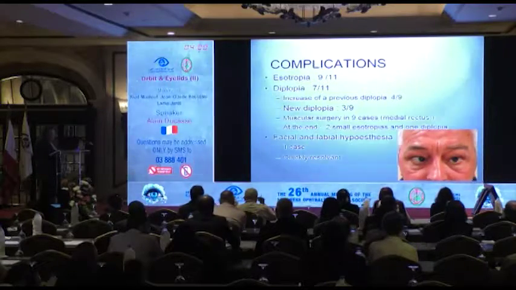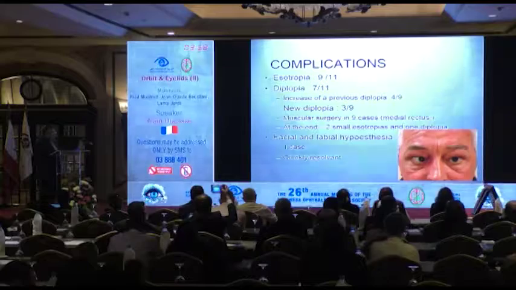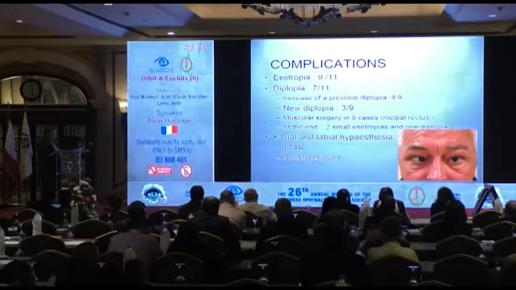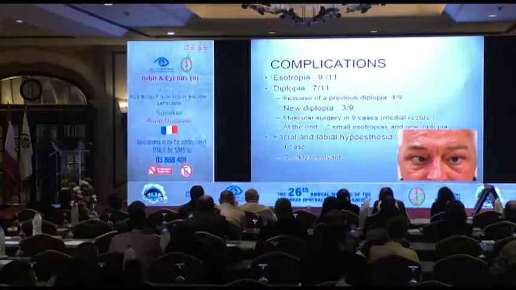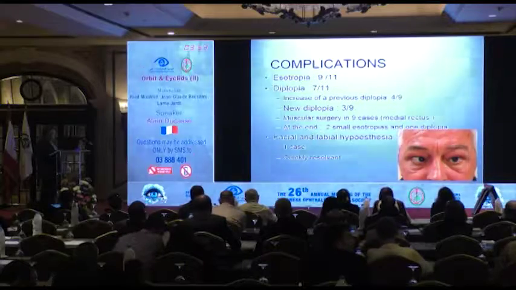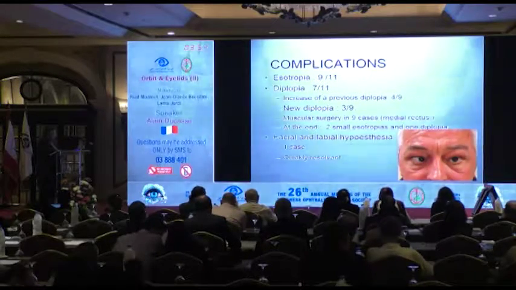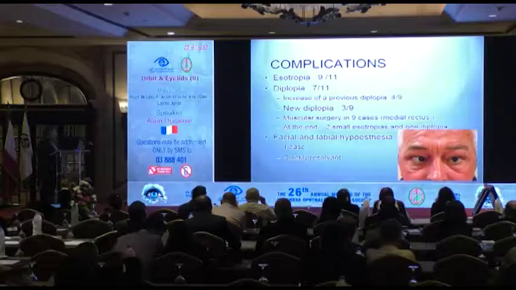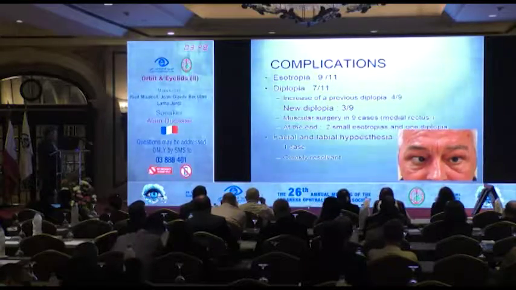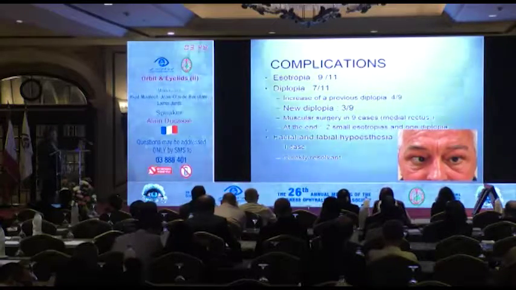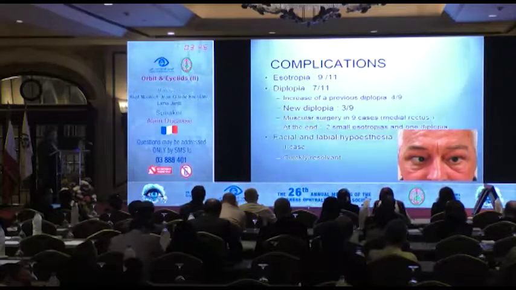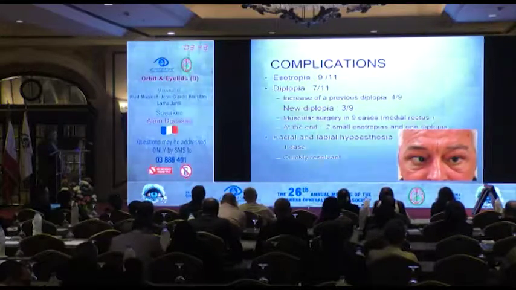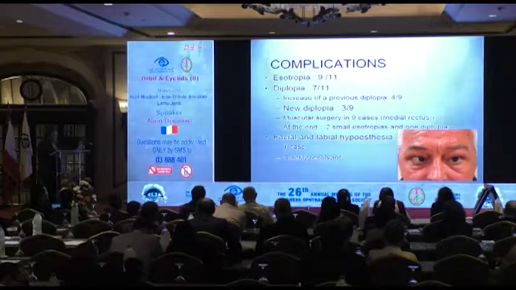The main complication is the oculomotor disturbance with esotropia and diplopia. We had 7 diplopia in 11 patients. It was an increase of a previous diplopia in 4 cases and a new diplopia in 3 cases.